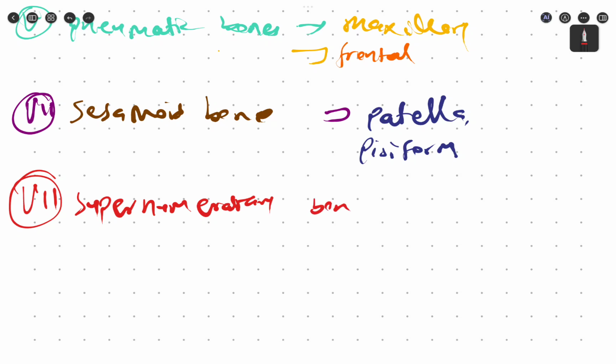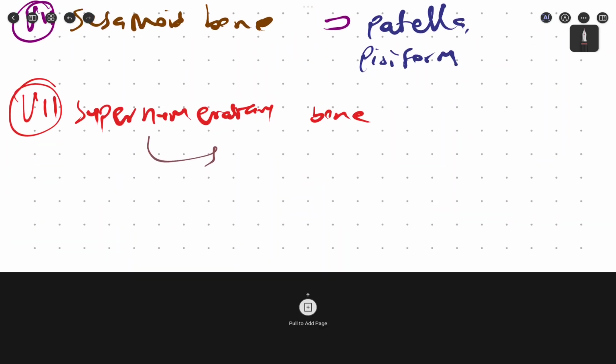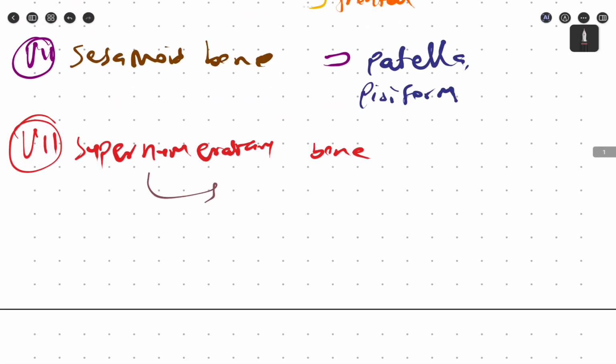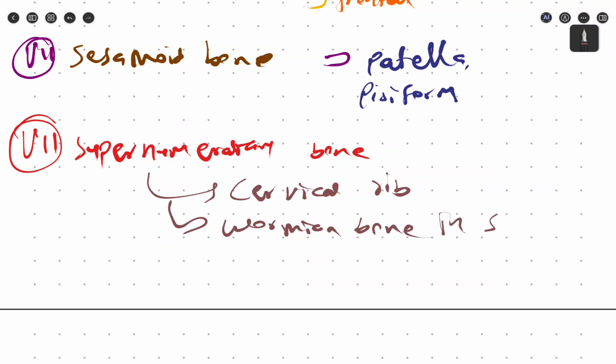Supernumerary bones are generally not present, but they may be present. For example, you may have one more rib in the cervical region, so cervical ribs. You may have wormian bone in the skull.